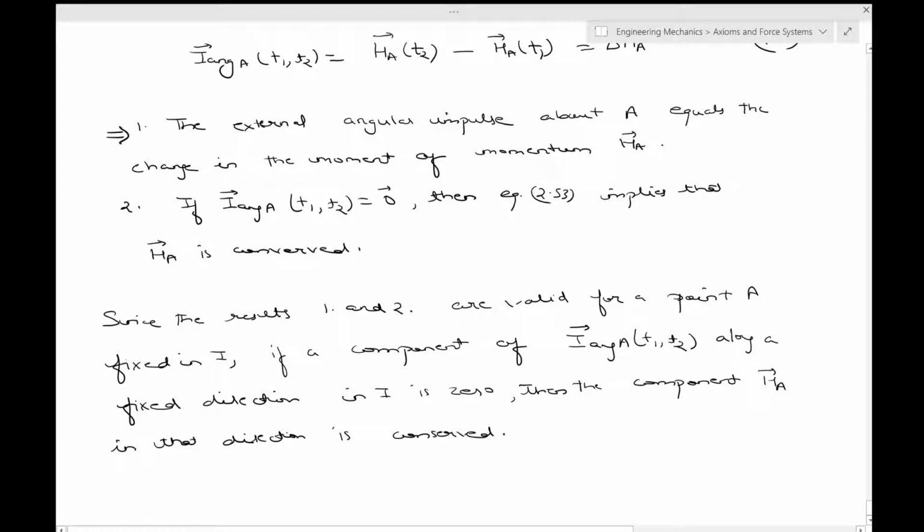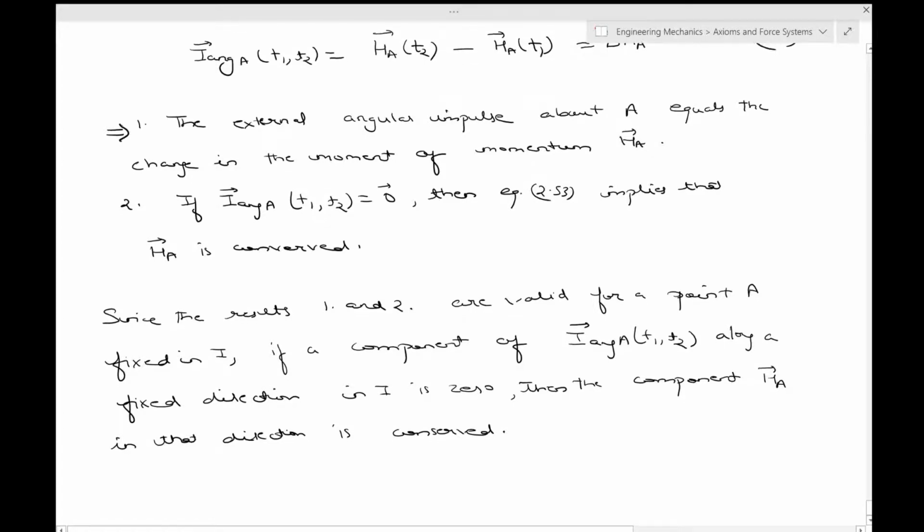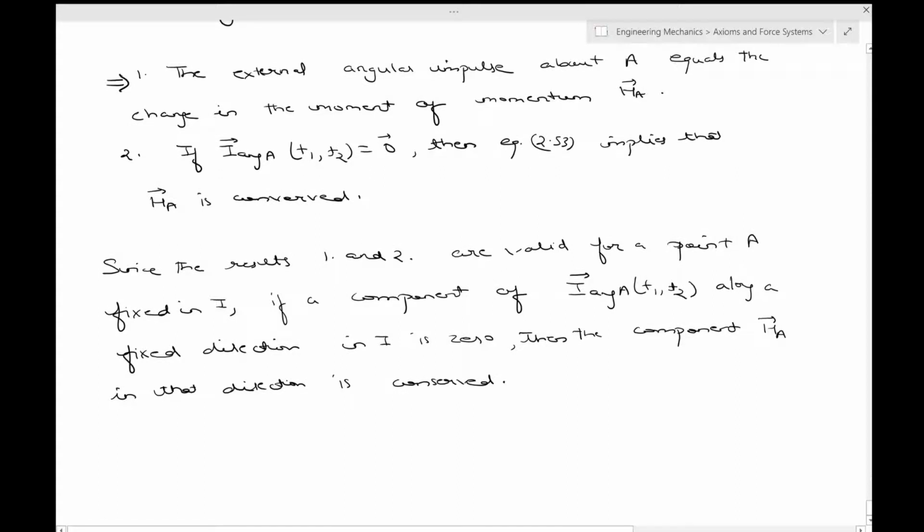And similar to the case in the previous section, we can also make this, let me put that in red, so that you can derive this by looking at the previous section.